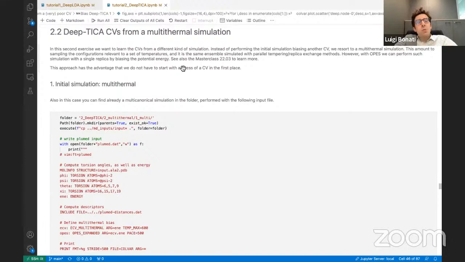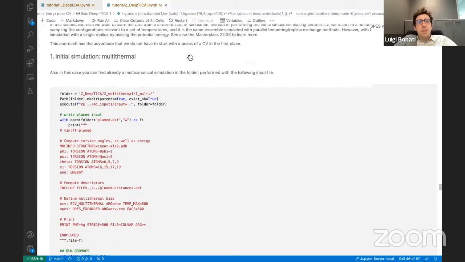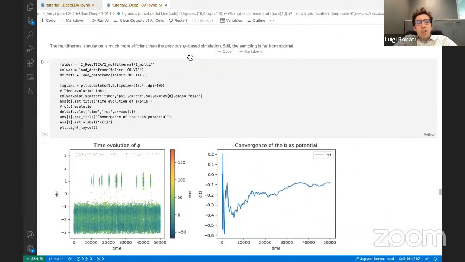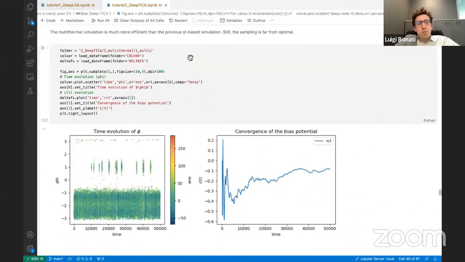Multi-thermal simulation means sampling all the configurations relevant for a set of different thermodynamic conditions, particularly different temperatures, using the temperature as a way to drive the transition between the states.